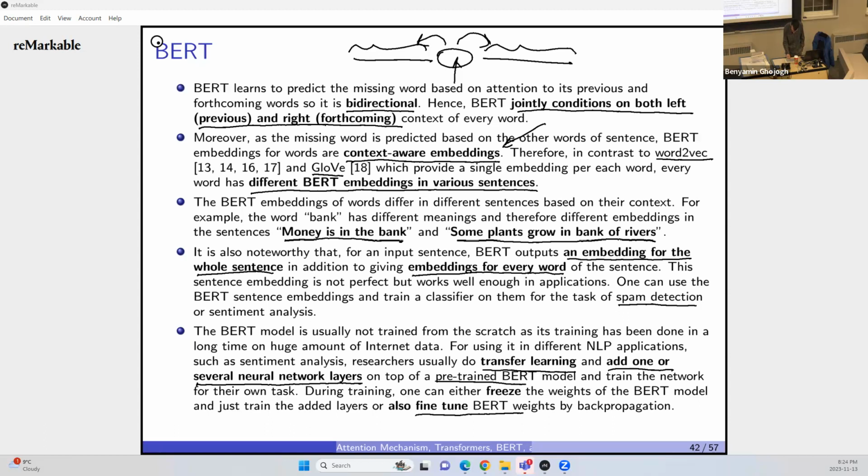You can also fine-tune BERT weights as well. But we usually use pre-trained BERT and fine-tune it. We don't train BERT from scratch, right? Because BERT has been trained on the whole internet data for months on big servers. We can't do that on simple PCs, right?